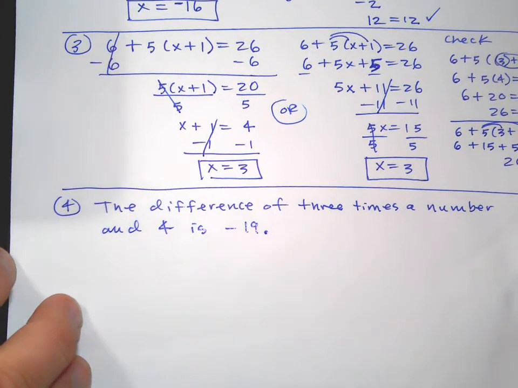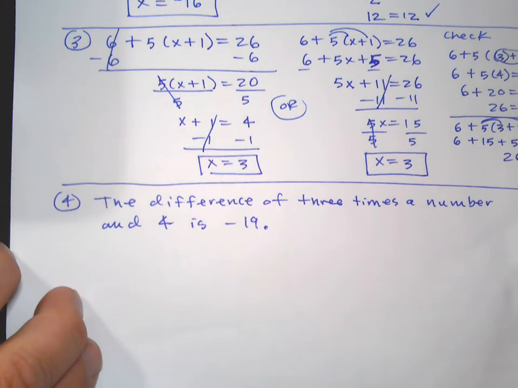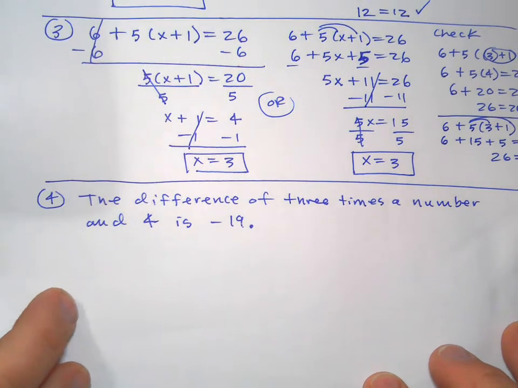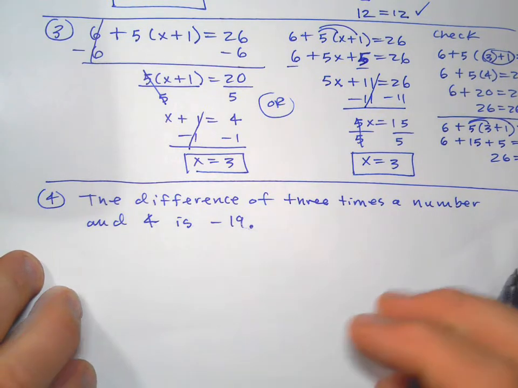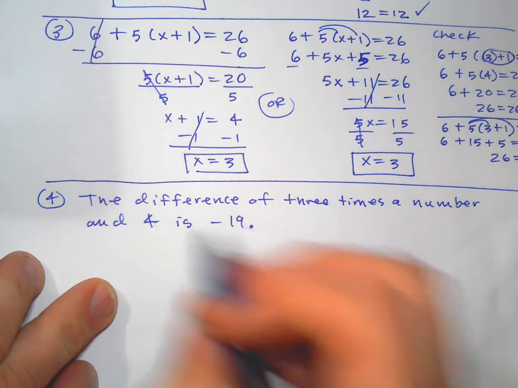So that's the problem. Now, this one's a word problem, but it's not so much of a real world kind of word problem like that concert ticket one from the last lesson. But we want to translate these words into symbols and into a math statement. So let's read it in the order we read it, sometimes that makes a difference. The difference.